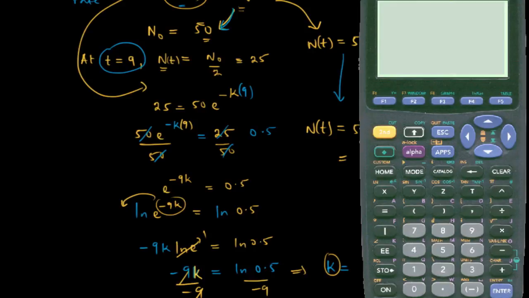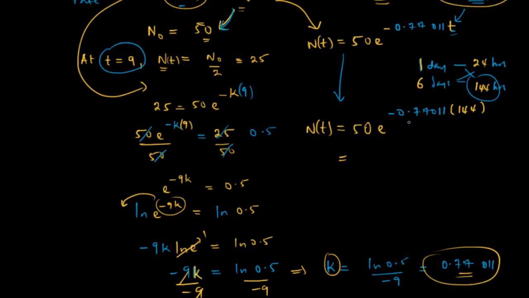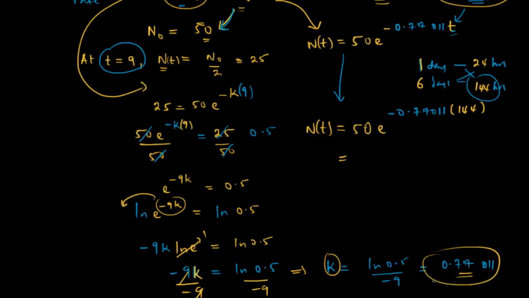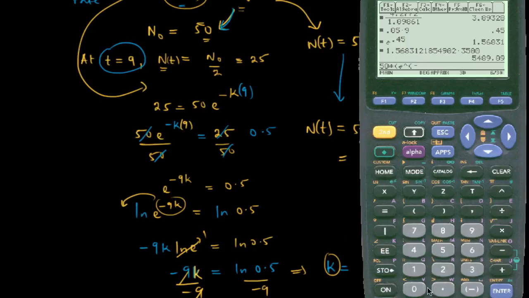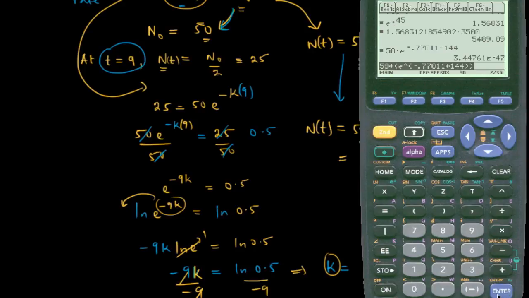So we have 50 times, let's open bracket, e to the power negative 0.77011 times 144. We can close brackets and let's confirm. Alright, that's correct. And then we punch in enter.